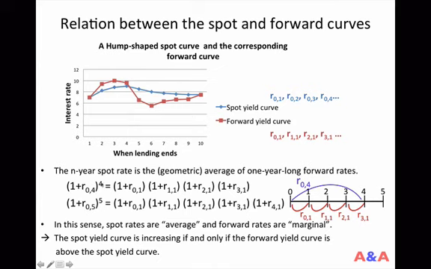Same thing can be said about the 5 year long spot rate. That is the geometric average of these 5 1 year long forward rates. If you compare these two equations, the only difference is that the second equation has an extra term, which is the 4 year ahead 1 year long forward rate. And in this sense, the spot rate is the average value, while the forward rate is the marginal value.